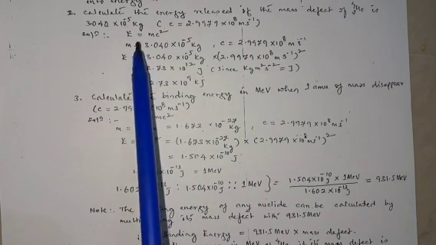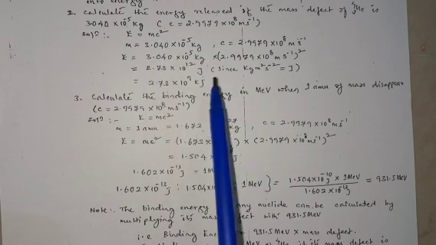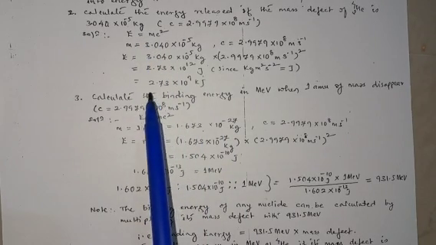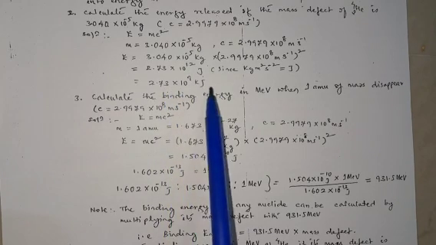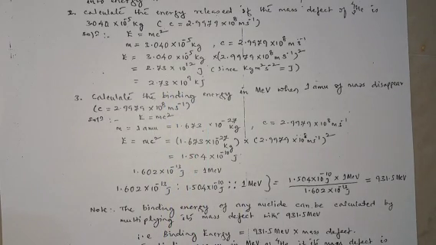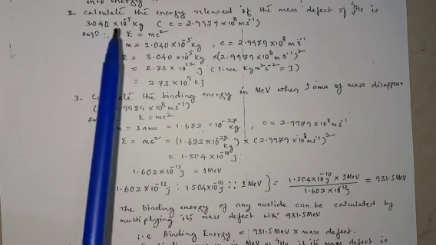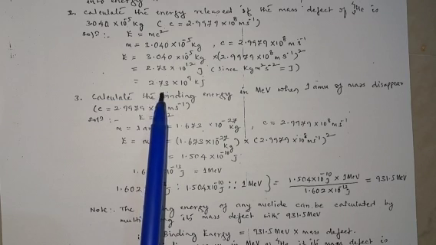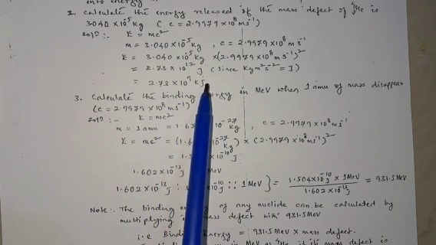We know the mass energy relation, E is equal to mc square. If you calculate the energy, it is 2.73 into 10 power 9 kilojoules. When this much mass disappears, an equal amount of energy, 2.73 into 10 power 9 kilojoules, will be released.